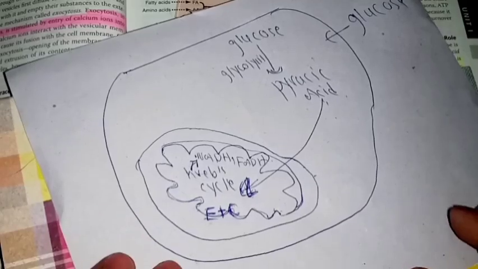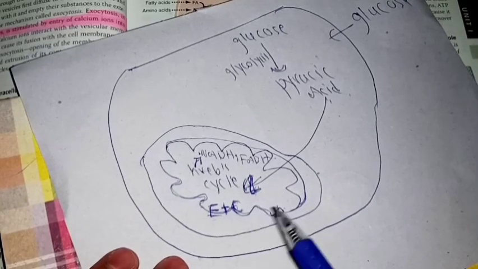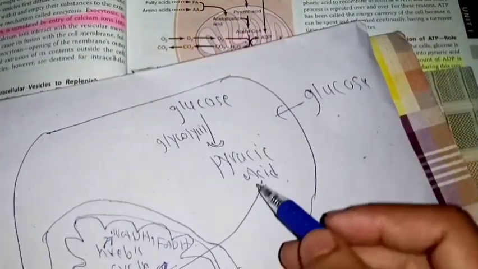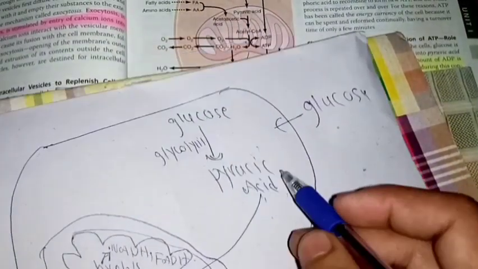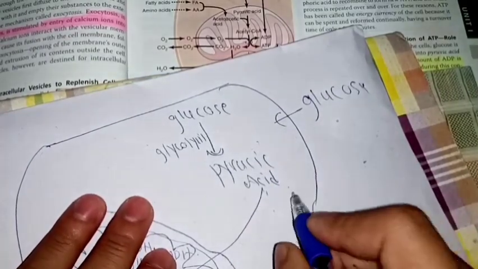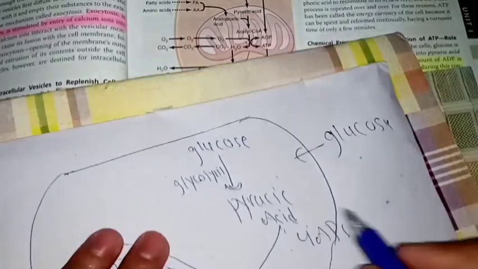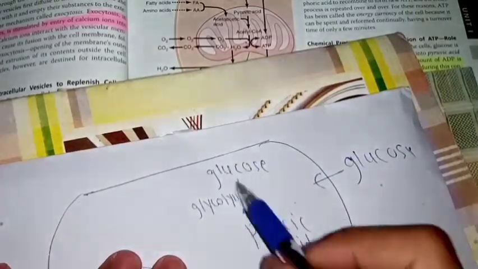And the most abundant energy is synthesized with the help of the electron transport chain. Through glycolysis, four ATPs are synthesized, but two ATPs are used.